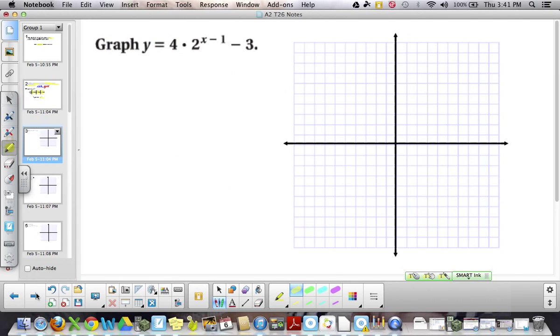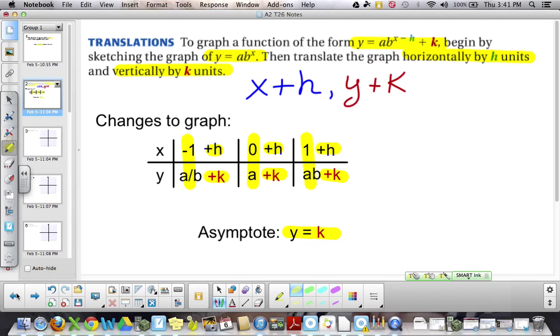All right, so let's start with an example of how this works. The first thing I'm going to do when I graph is identify what is a, what is b, what is h, and what is k. One thing we have to be very careful of is that this is x minus h. So make a note: h is subtracted from x.